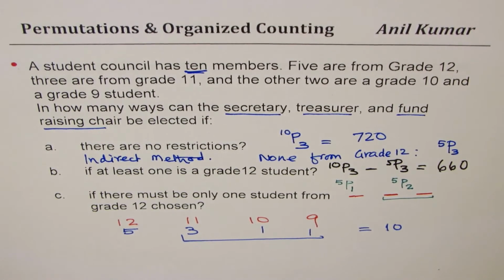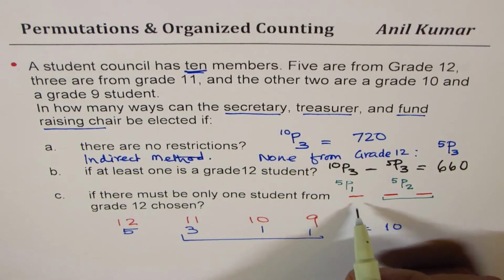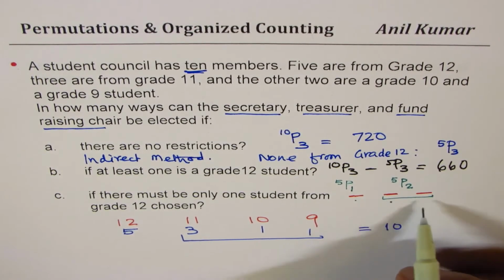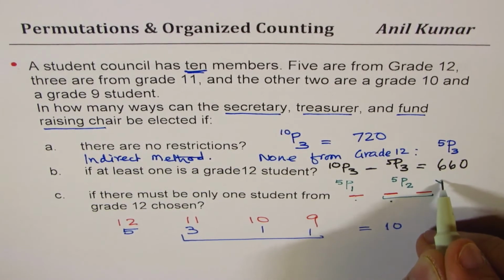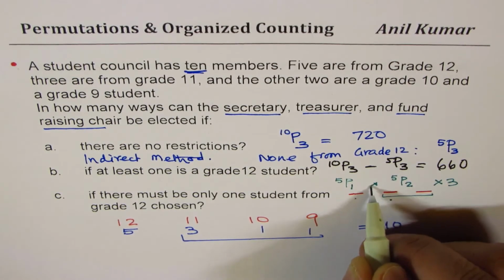You get the idea? However, we could choose the grade 12 student not just for secretary, it could be treasurer or fundraiser. So we are going to multiply this by 3. So I hope you understand why we have multiplied this by 3, and then we get our answer, correct?